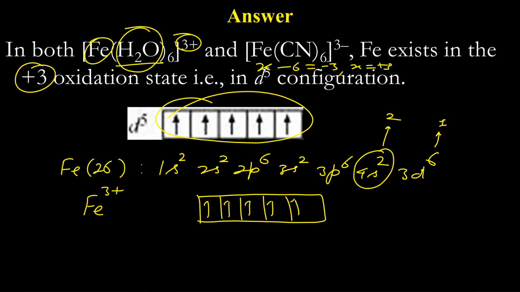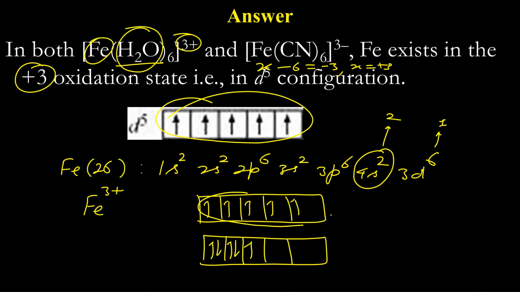So in case of [Fe(H2O)6], pairing will not take place. It means it will remain like this. But in case of CN-, same Fe will be like this. So in this case, we have 5 unpaired electrons. In this case, we have 1 unpaired electron.